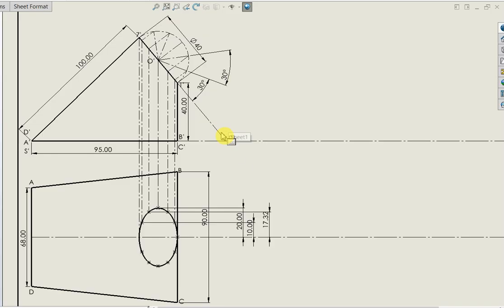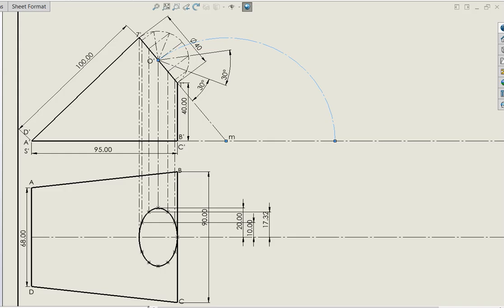Now next I'm going to draw a semicircle, an arc with center M and radius from M to O prime. So I'm going to have something like this. This is the arc.